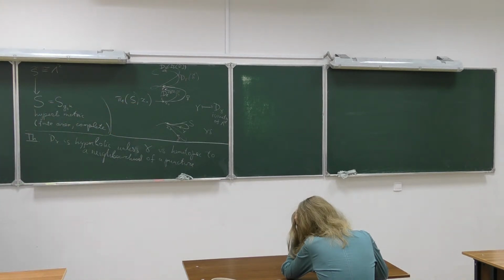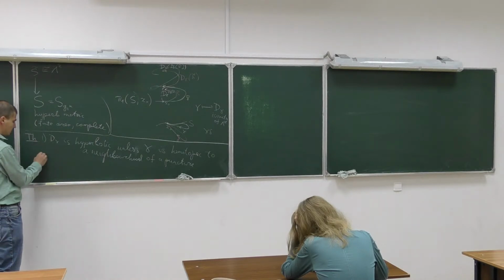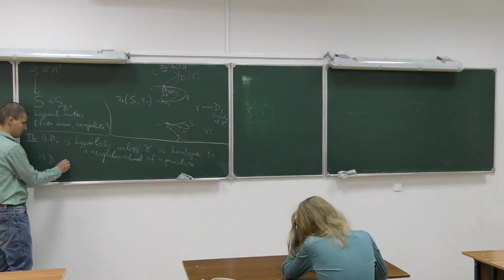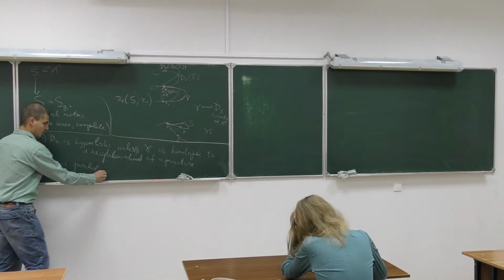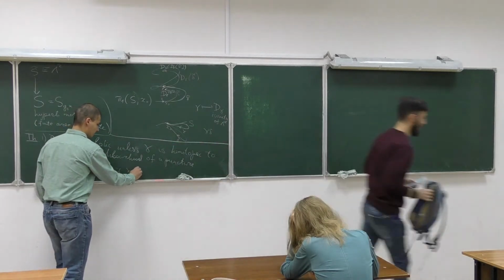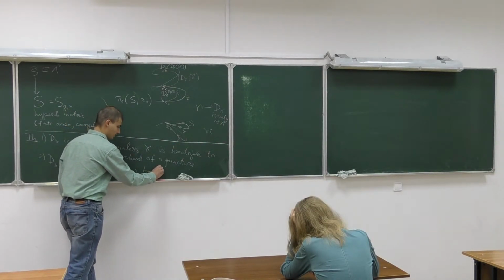Otherwise, d gamma is parabolic, if gamma is homotopic to a neighborhood of a puncture.